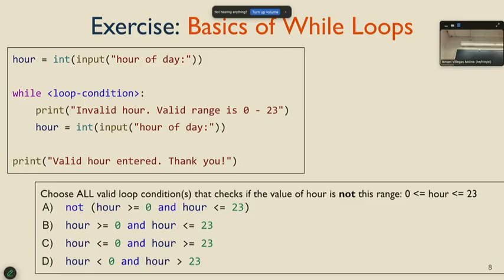Choose all valid loop conditions that check if the value of hour is not in this range: 0 less than or equal to hour, and hour less than or equal to 23. So choose all valid loop conditions so that we can go inside this while loop.